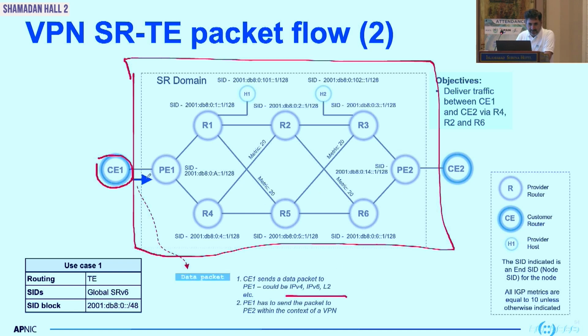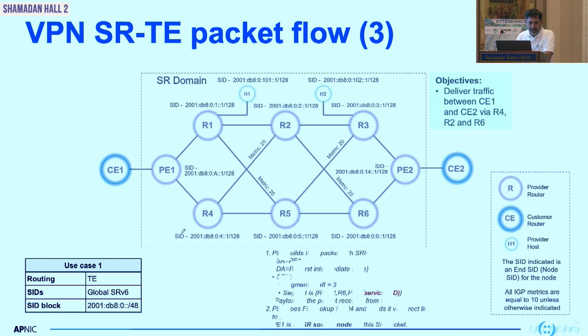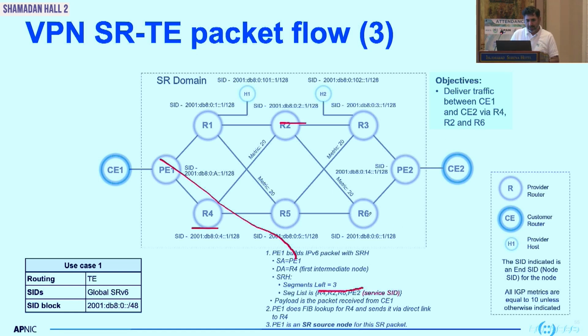Okay, so C1 will send the data packet, P1 will receive it, and then P1 will build a segment routing header with the source address as its own address. Before putting the destination address, it actually needs to build the segment list. Based on our objective, we want to go to R4, so it will put R4, then R2, then R6, and then P2.